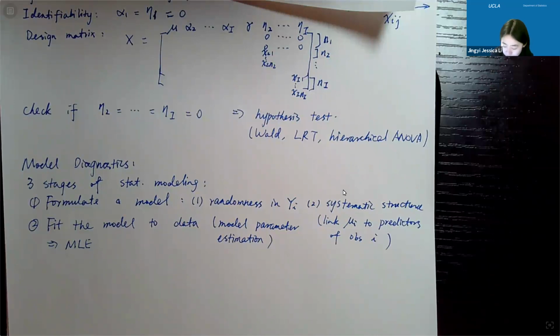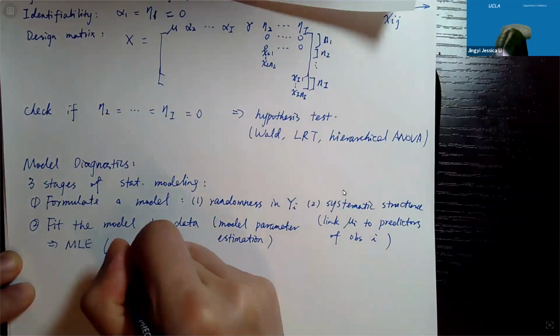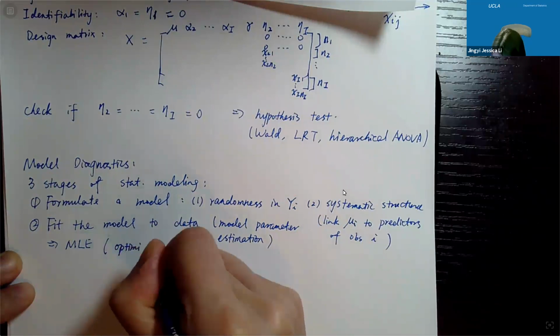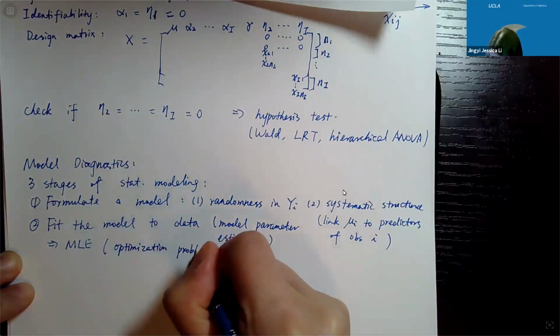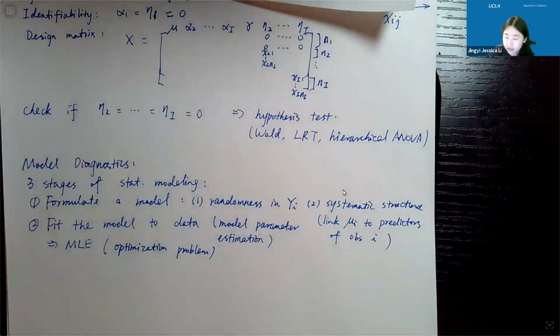But in other words, this step is essentially an optimization problem, because you're trying to maximize the function. And as I said, optimization is becoming more and more difficult for those modern complex models. So although optimization is not in the traditional curriculum in statistics, it has become more and more important for people doing statistics and machine learning. They want to know some optimization.